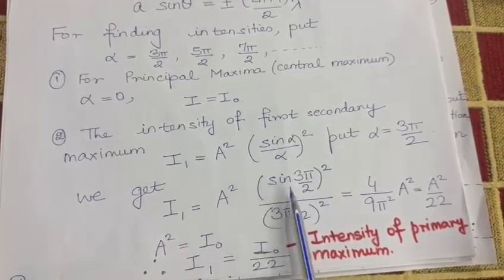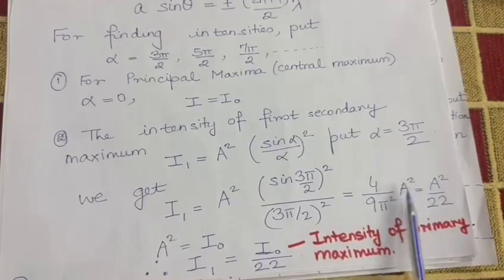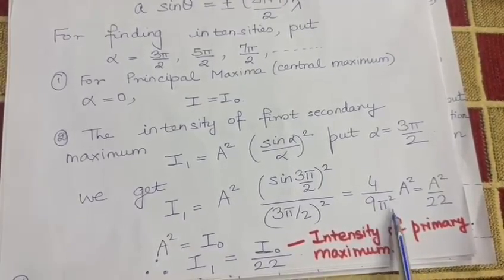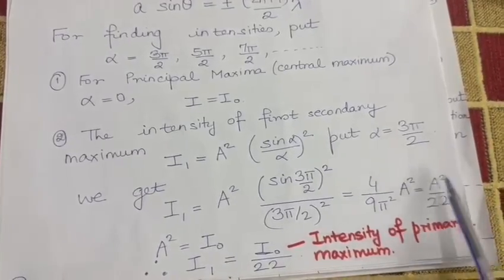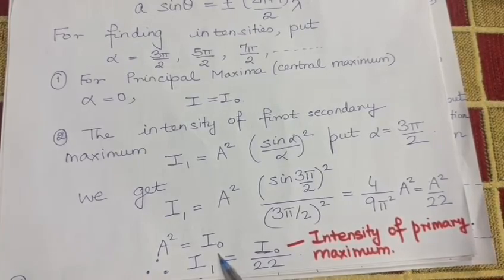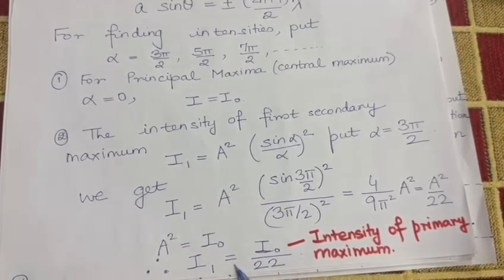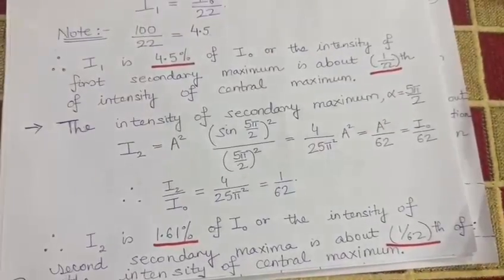So I1 is a square sine squared of 3 pi by 2 upon (3 pi by 2) squared. You get either 4 by 9 pi square a square or a square upon 22. A square is your I naught, the intensity of the principal maxima. So you can write I1 is equal to I naught upon 22.